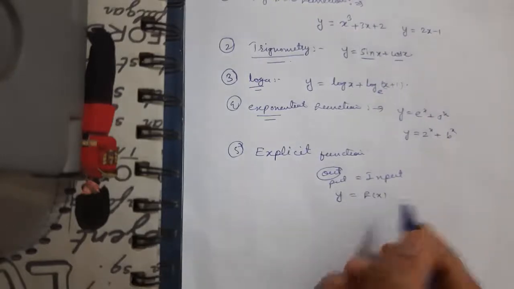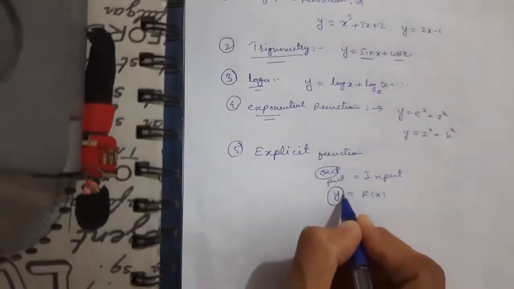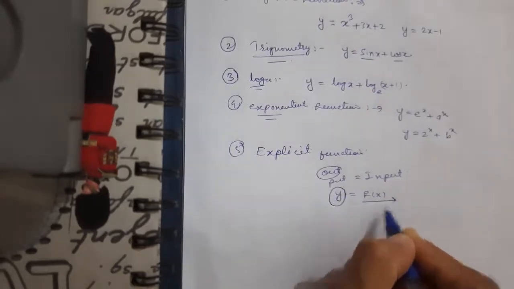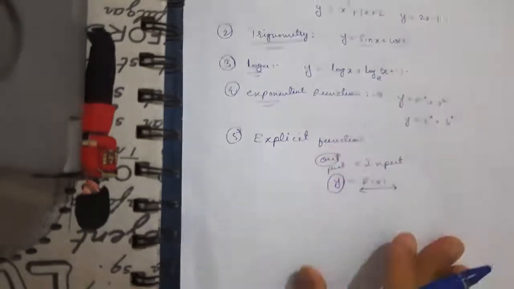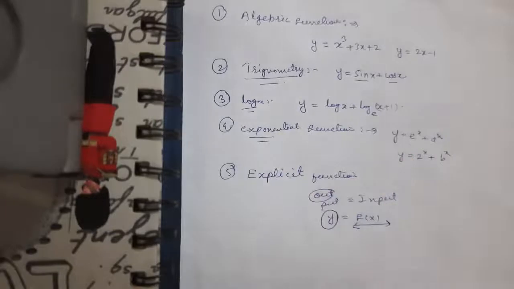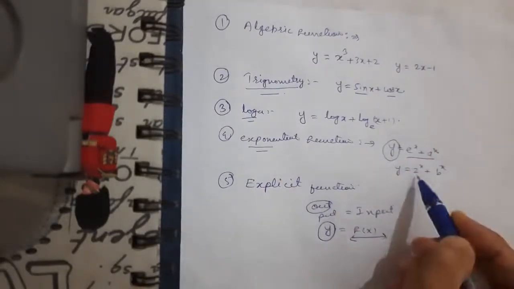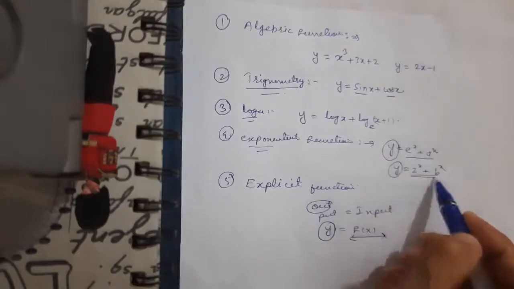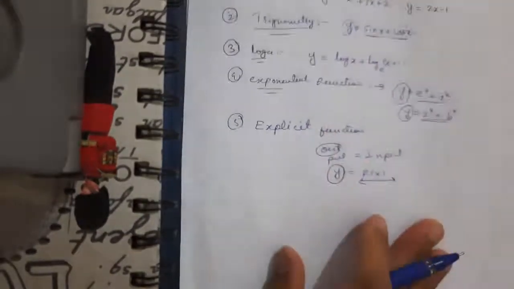If this is the case, then this is called an explicit function. So here you have pure output and here you have all of your input terms. All these examples are explicit functions. Output here, input here. Output here, input here. So all these are explicit functions.